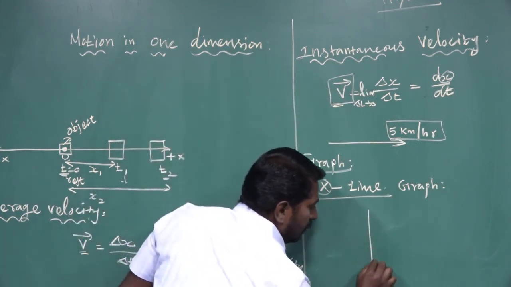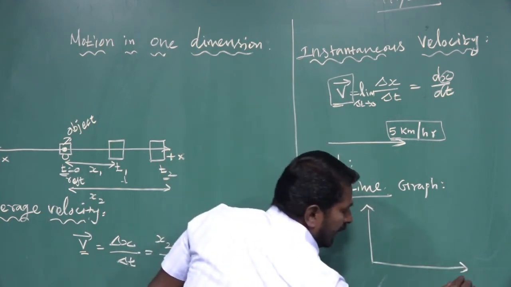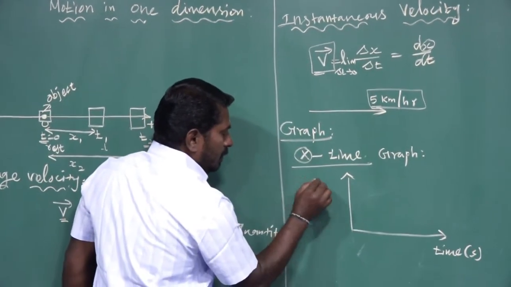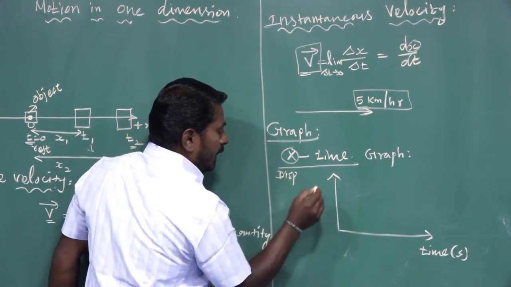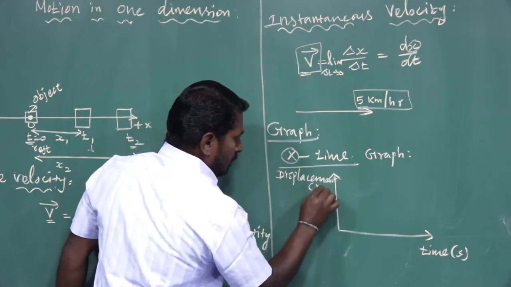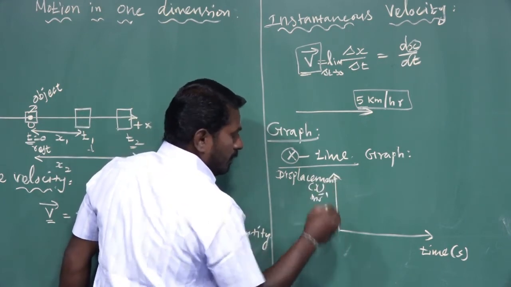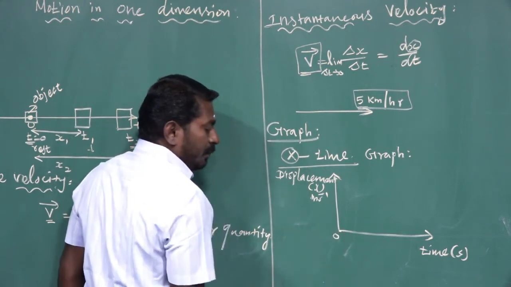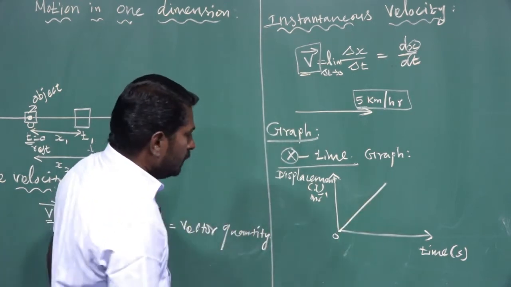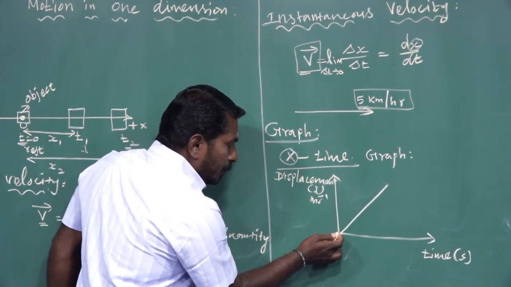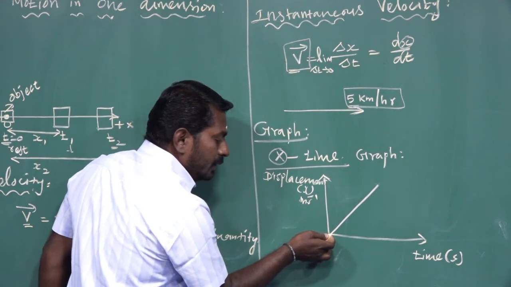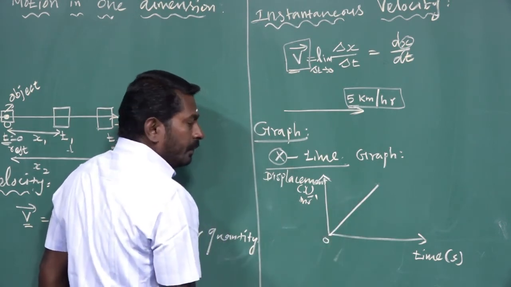We plot the graph with time taken along the x-axis and displacement taken along the y-axis, starting from the origin of the graph. We get a straight line, which means the displacement of your body increases at a constant rate; only then do we get a straight line starting from the origin.